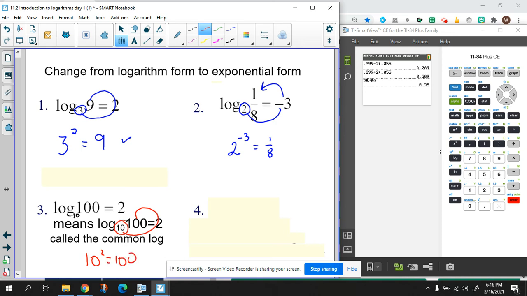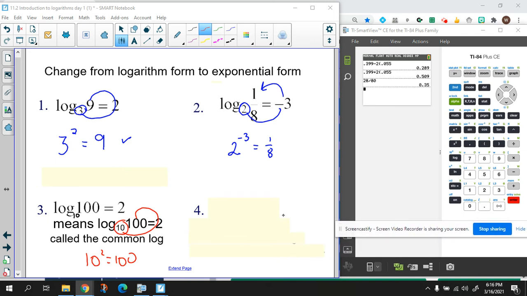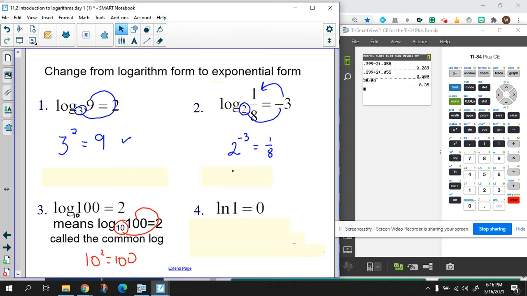There is one other very special kind of logarithm, and they give it its own special name. Notice how different this one looks. It does not say log, it does not say log base 2 or log base any number. It has ln and then just the argument.